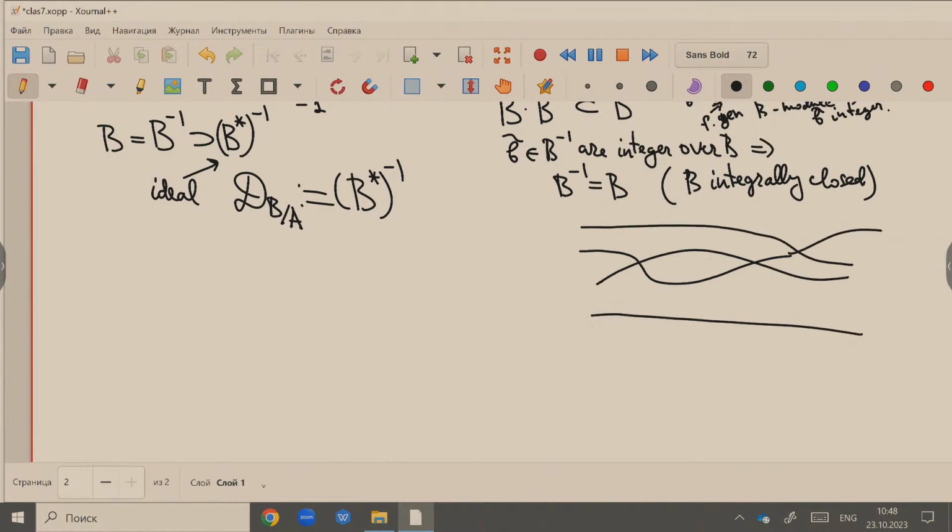So if you have a ramified covering, so if you have spectrum of A, and this is spectrum of B, and you have the ideals in spectrum of A where you have ramifications, so e of beta i are non-zero, are not 1. So this different is now an ideal in a Dedekind ring.